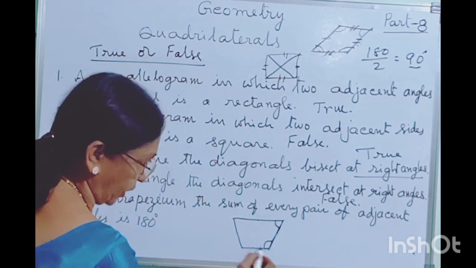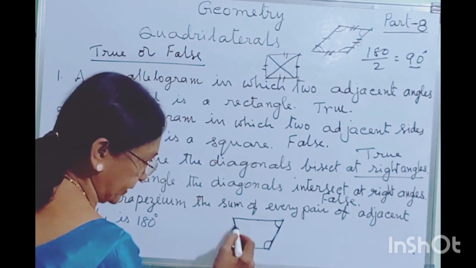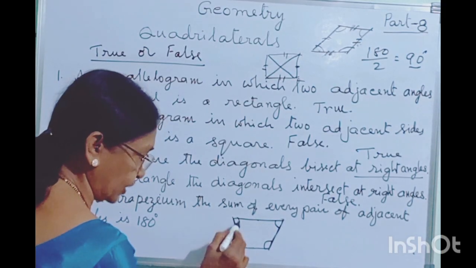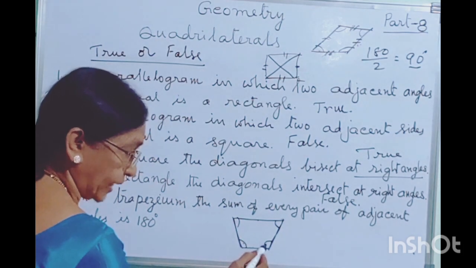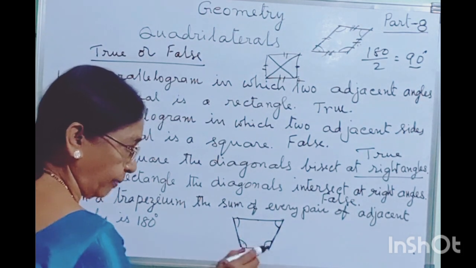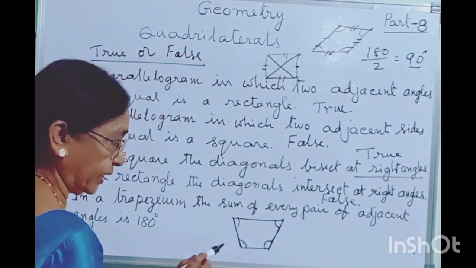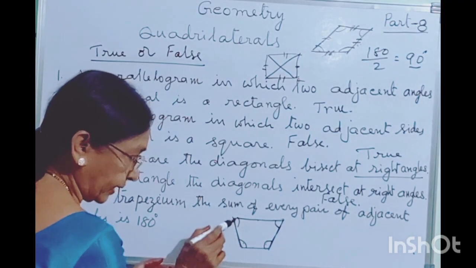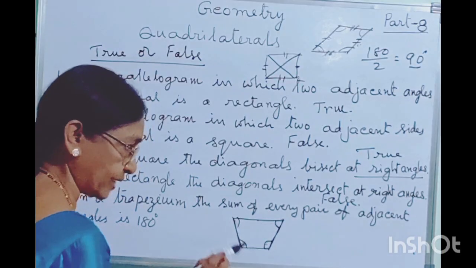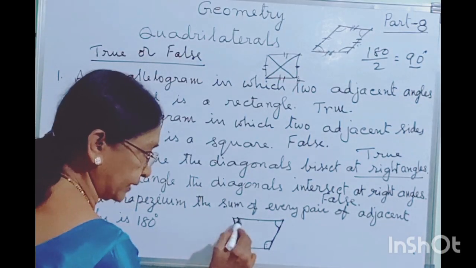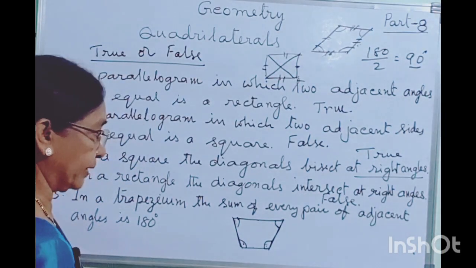Similarly, as these two are parallel to each other, this acts as a transversal and these two angles are supplementary. But these two angles are not supplementary. The opposite angles are not equal. Therefore, only these two adjacent angles and this pair of adjacent angles are supplementary. This pair and this pair are not supplementary.